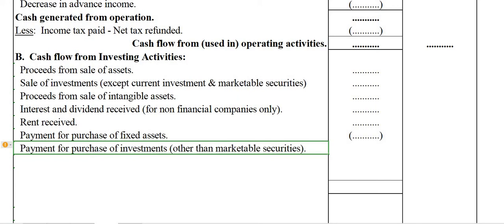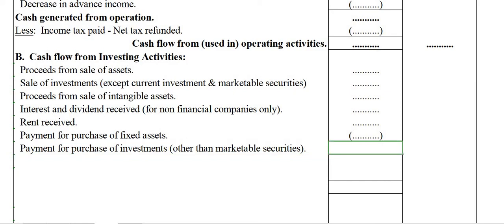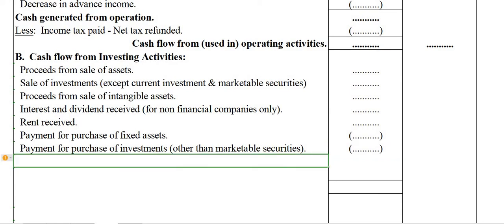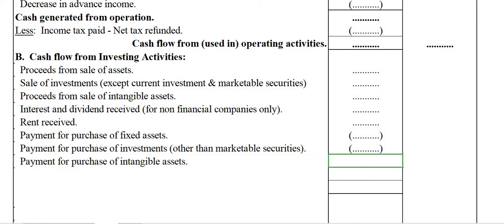We have told that marketable securities we will take under another head. So if any other long-term investment is purchased, meaning we spend money for the purchase, that money will be written here. Then another one is payment for purchase of intangible assets. If we have purchased any intangible assets like goodwill, patents, copyrights, that amount can be shown here.